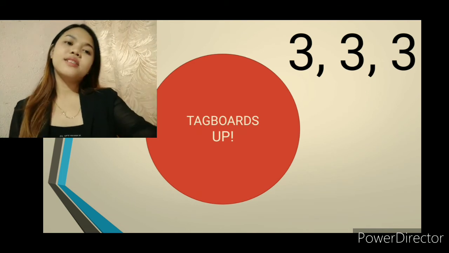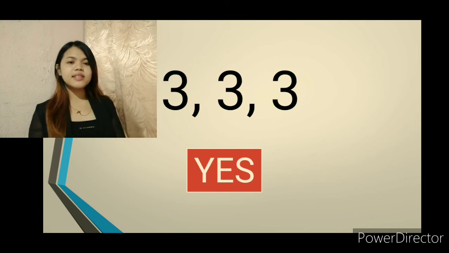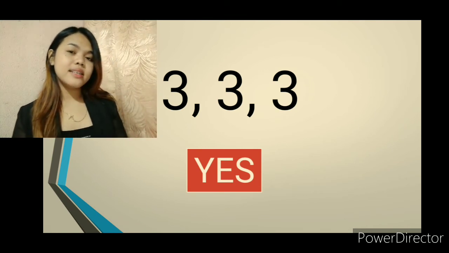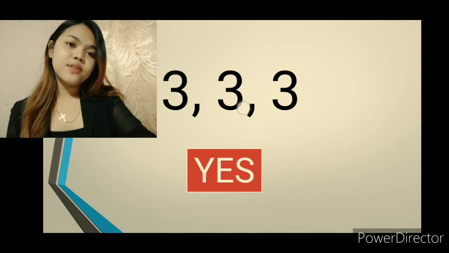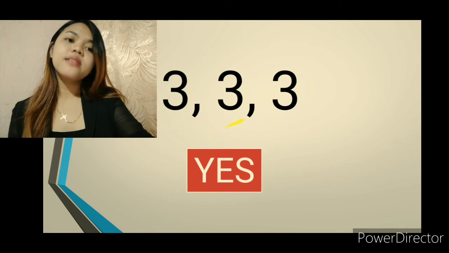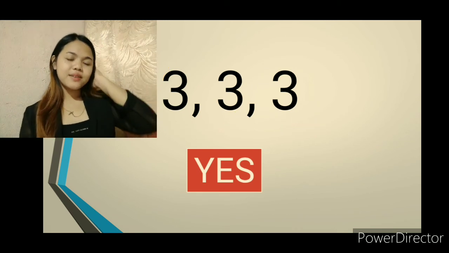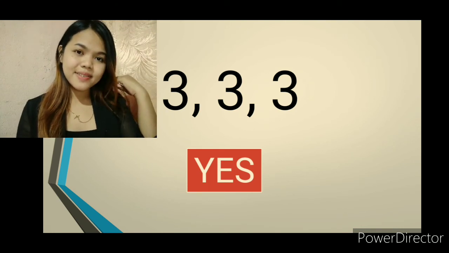The correct answer is yes. The shorter lengths are 3 and 3; you add any two sides, which equals 6. The sum is greater than the third side, which is 3. So 6 is greater than 3. That's why the answer is yes.